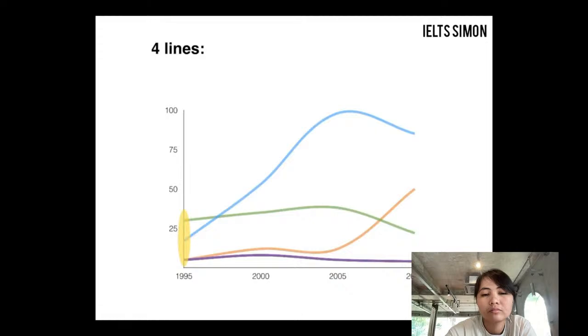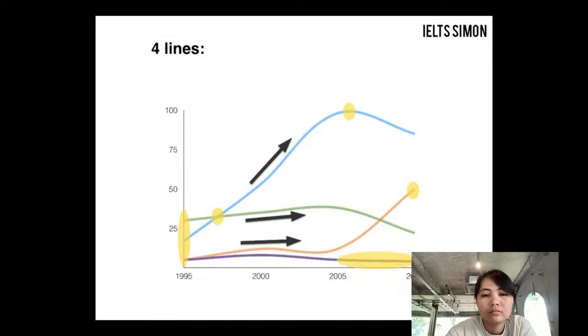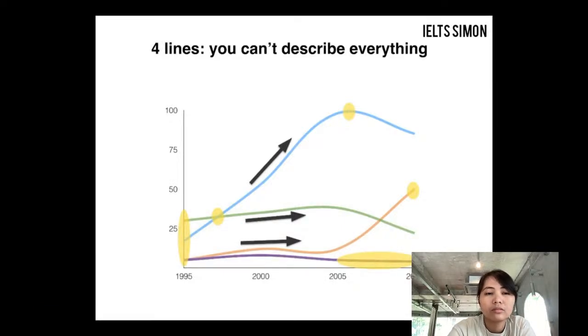You might choose this point where the blue line becomes the highest and stays the highest for the rest of the period. You might choose to describe and compare the different increases or rises. You might choose the peaks on one or more of the lines. You might choose a stable period on one of the lines like this one.